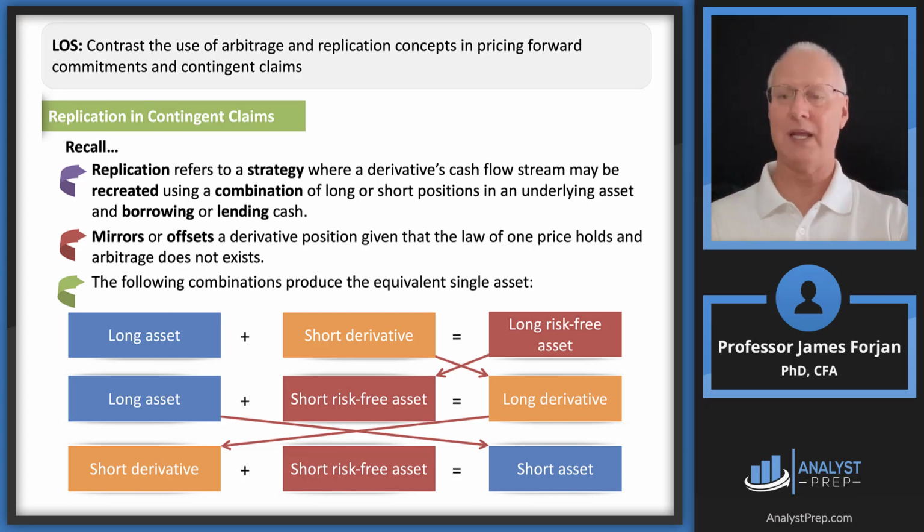So short derivative, we need to make sure that the expiration date of the option is identical to the maturity date of that long in the risk-free asset. And then notice what we've done in the slide. We just have some arrows. All we're doing is algebra. We're just switching from one side to the other.